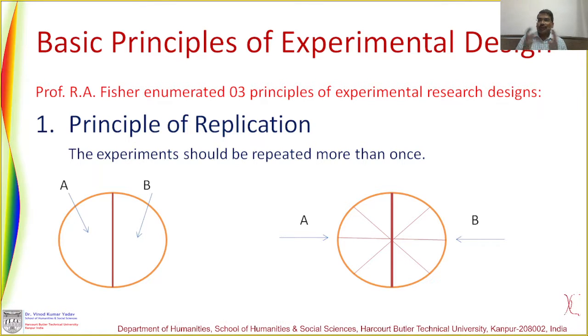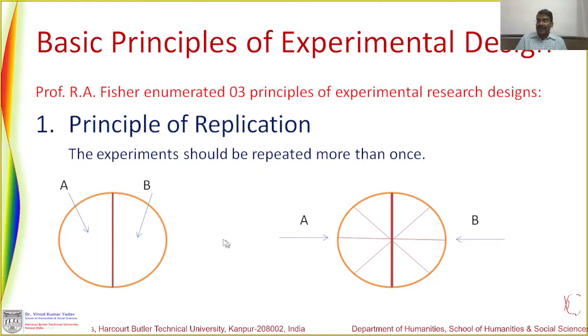So just to reduce that bias and ensure a better result, the person talks to a first Chinese person, second, third, fourth, that is, replicates the experiment more than once, and then draws a conclusion whether Chinese people are shrewd or not.